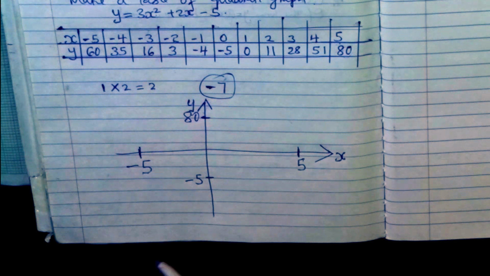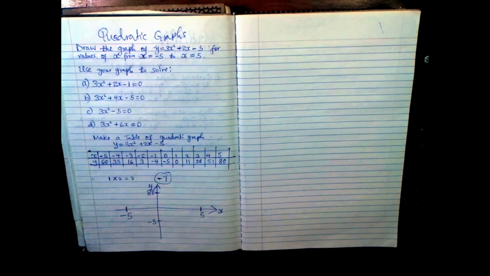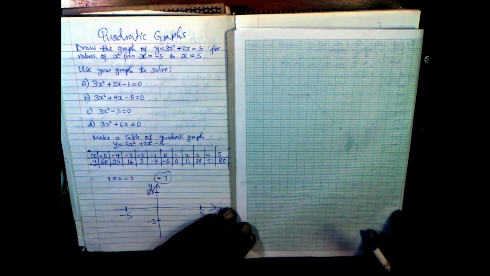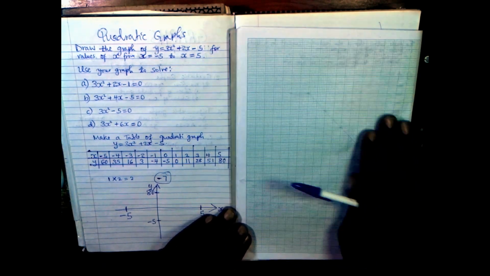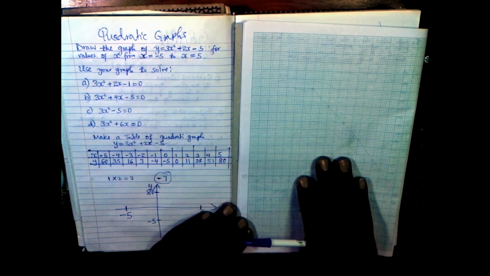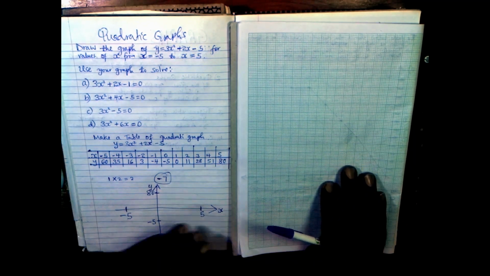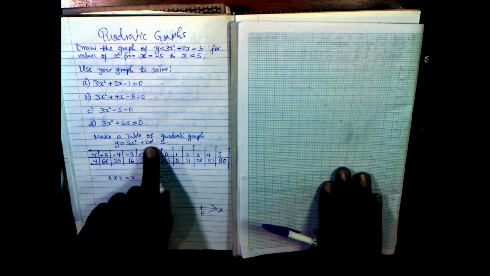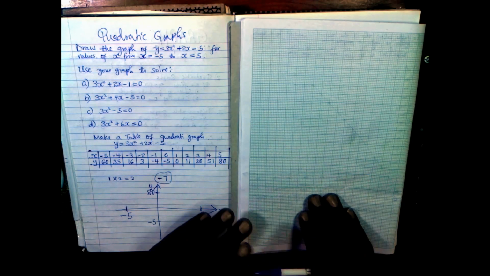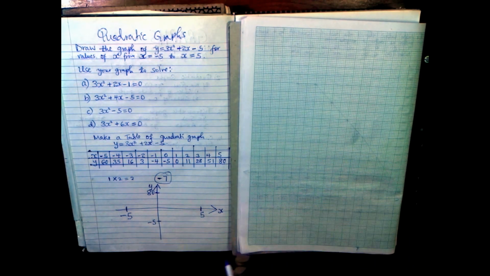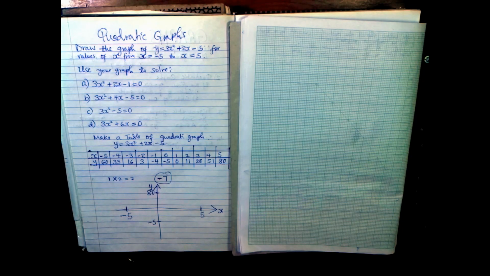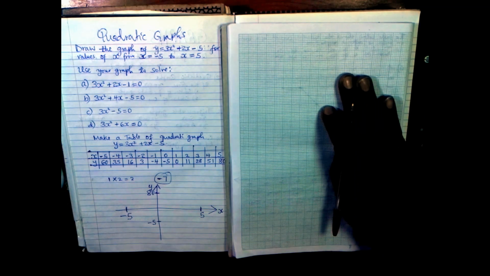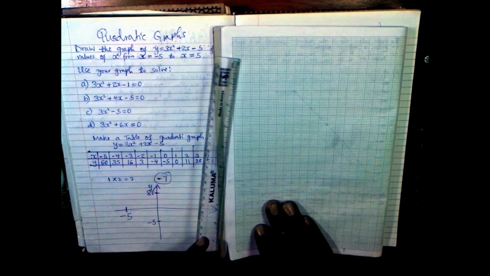So now we require a graph book, and then we plot the graph of y is equal to 3x squared plus 2x minus 5. What we need here is to take the ruler and balance, knowing these maximum and minimum values of x.